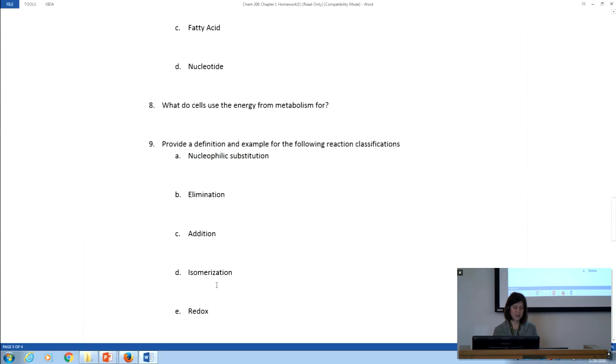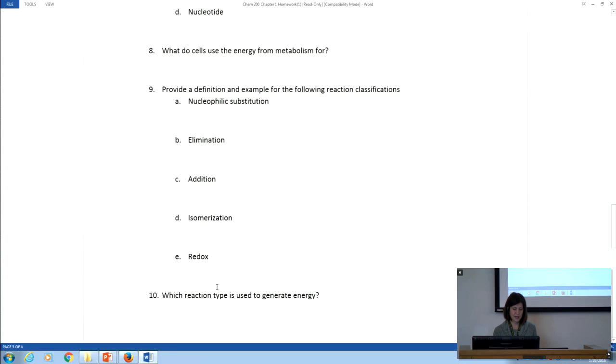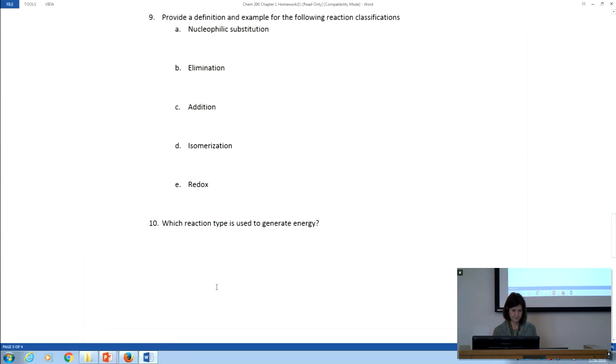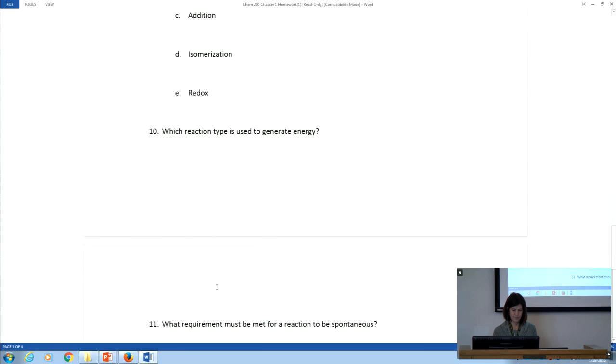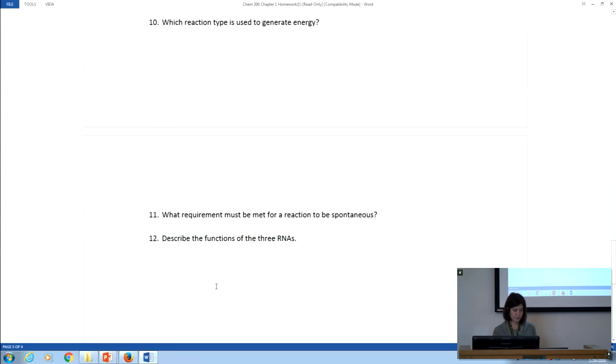Isomerization, we're not really changing things, just the position of the group. And redox is the transfer of electrons. And that is the type that is used to generate energy, our redox. And what is the requirement to be spontaneous? Negative delta G.